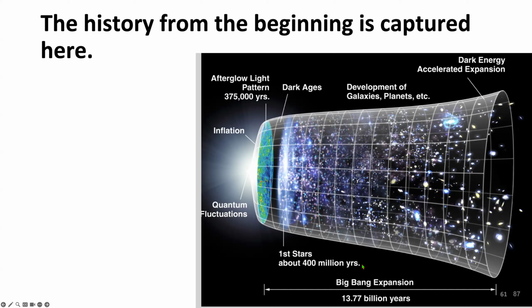Now, this piece of artwork was drawn 15 years ago, and we now have new information from James Webb that suggests this 400 is probably more like 220 million years. But keep in mind, the universe stayed like a soup of particles for 400,000 years and then was totally dark for hundreds of millions of years until stars formed.